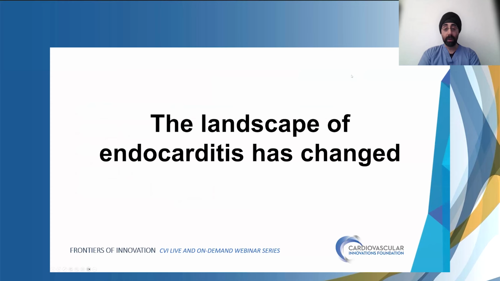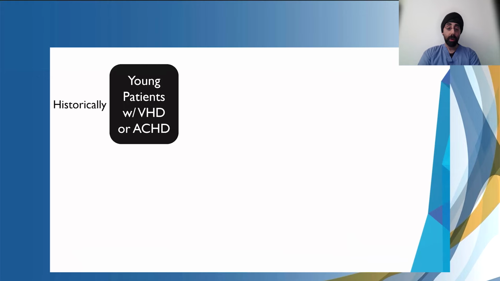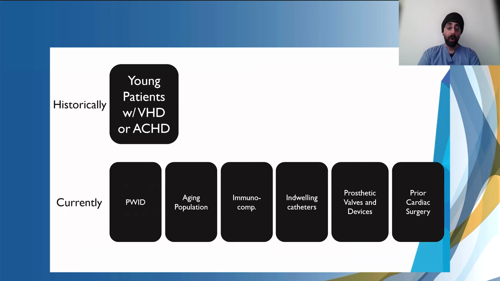So with that introduction, the landscape of endocarditis really has changed. Traditionally, we had really young patients with adult congenital heart disease or valvular heart disease that were affected, but now there's a whole host of different patients. You have those who use drugs, and an aging, more immunocompromised population, as we come up with more devices and more indwelling catheters, prosthetic valves, different devices, and prior surgery.